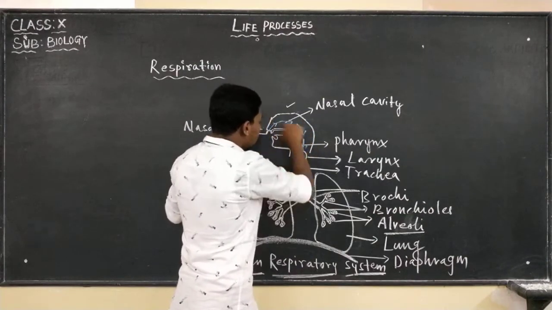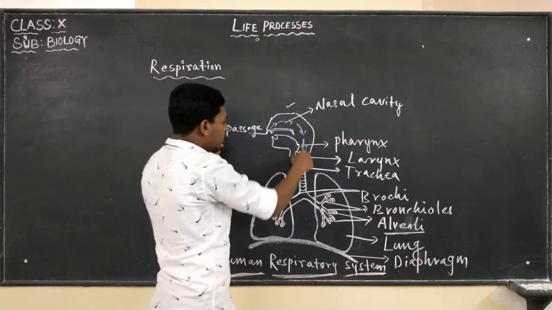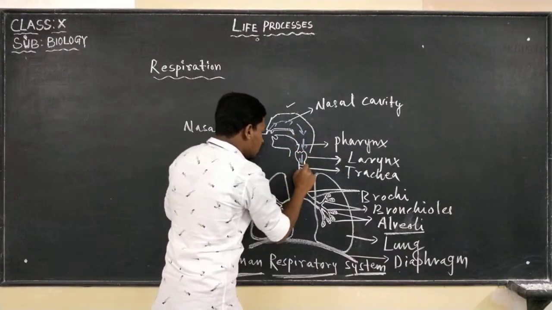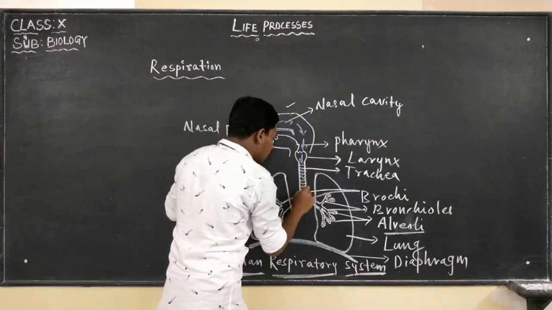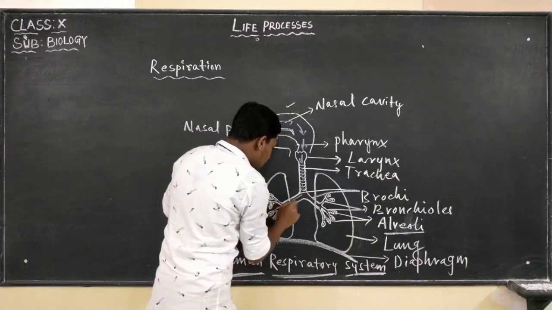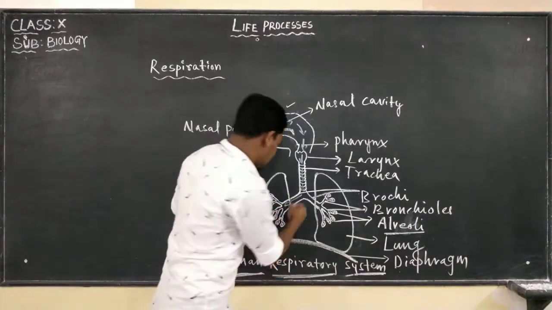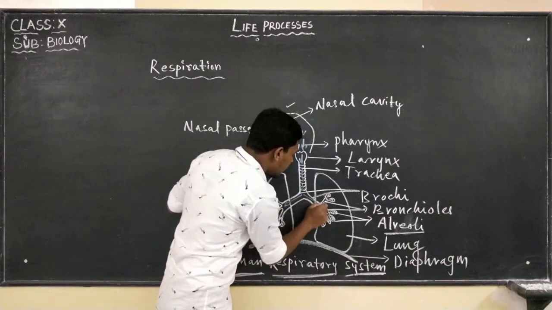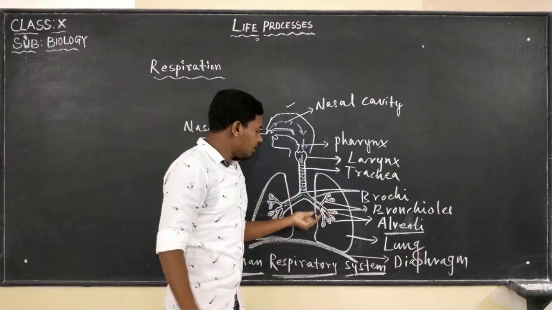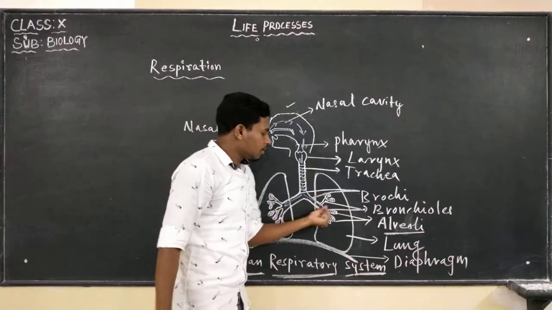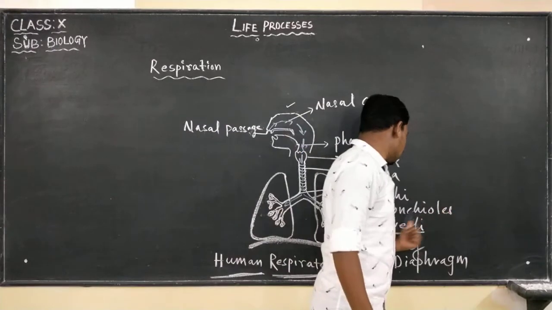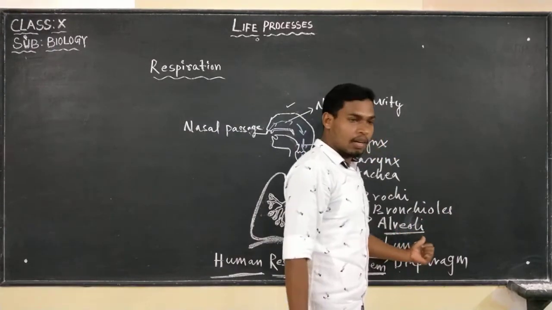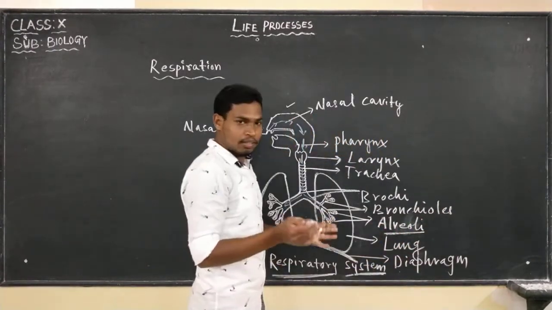It comes through the nasal cavity and goes through the trachea, and from there it goes to the right lung and left lung, and the terminal part of the bronchioles is known as what? Alveoli. They are balloon-like structures.